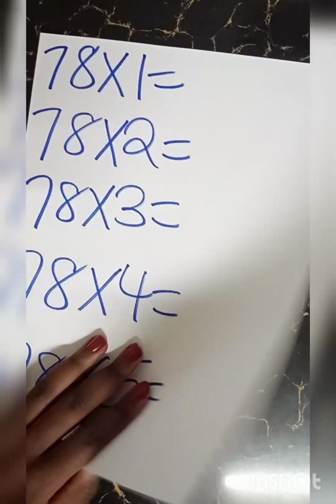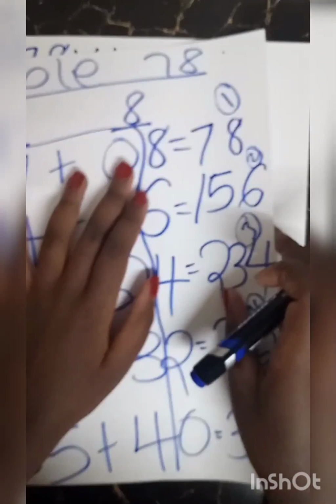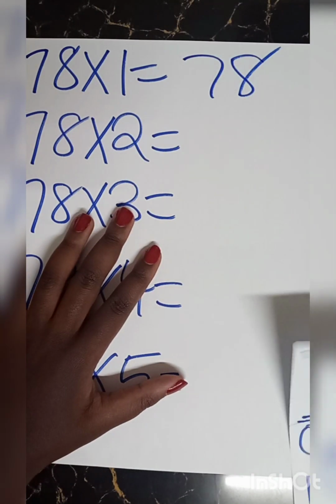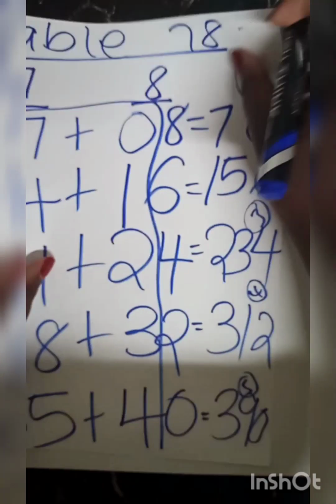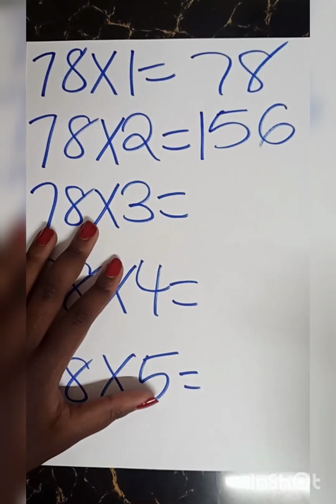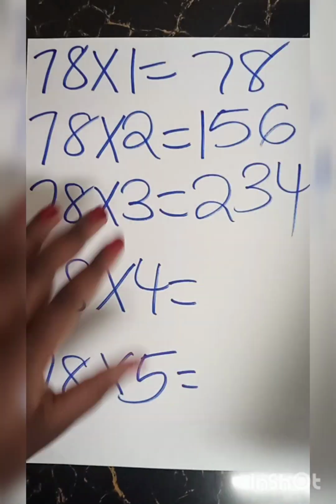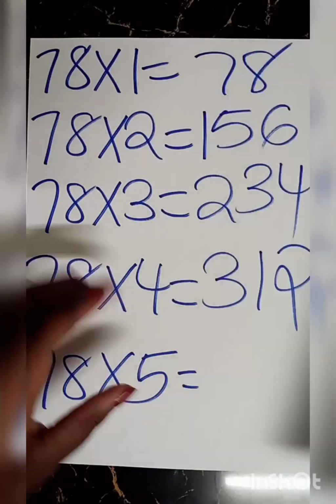So this is our table 78. So 78 times 1 is 78. 78 times 2 is 156. 78 times 3 is 234. 78 times 4 is 312. 78 times 5 is 390.